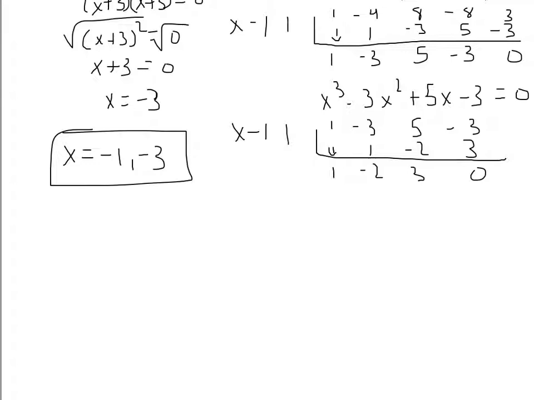So what do we have left now? Now we have x squared minus 2x plus 3. So there's no way to factor this one. There's nothing that multiplies a positive 3 and adds a negative 2. So that's where you have to get these other two, they're imaginary, and you have to use the quadratic formula.